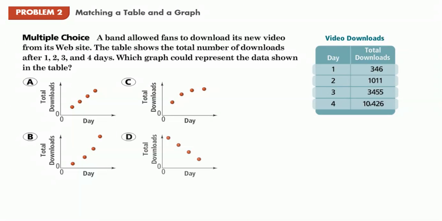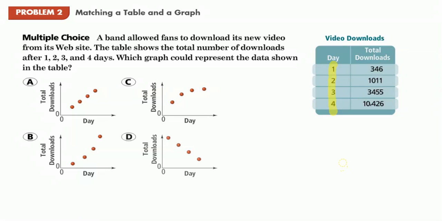For problem 2, we're going to match a table and a graph. A band allowed fans to download a new video from its website. The table shows the total number of downloads after 1, 2, 3, and 4 days. Which graph could represent the data shown in the table?